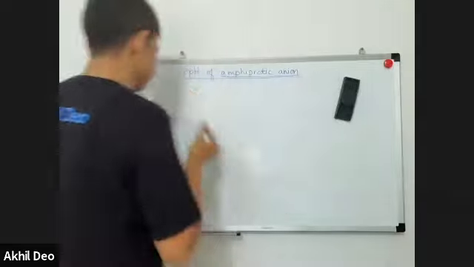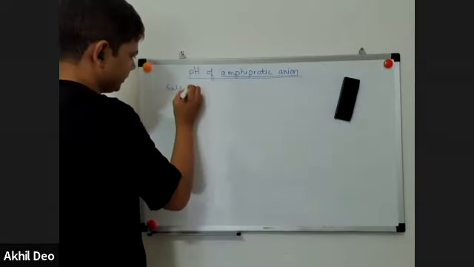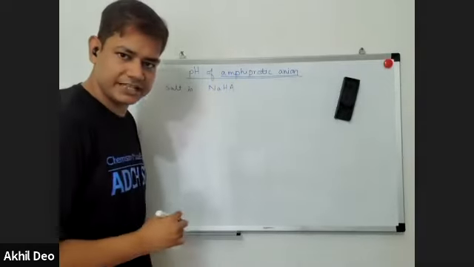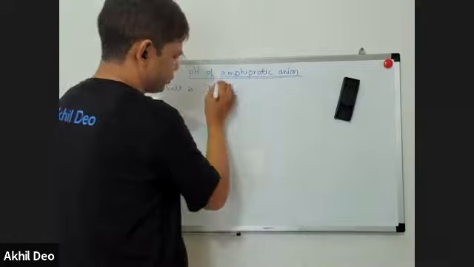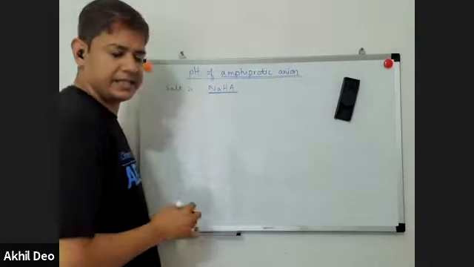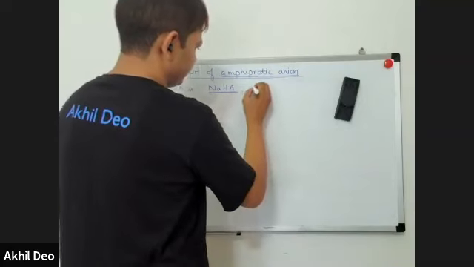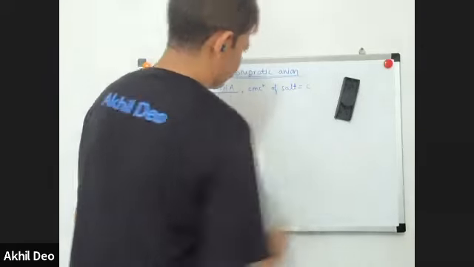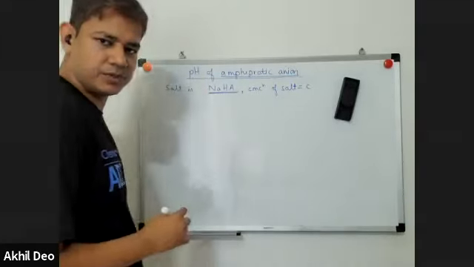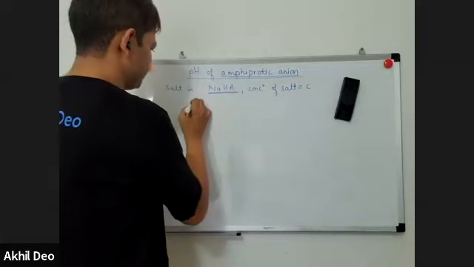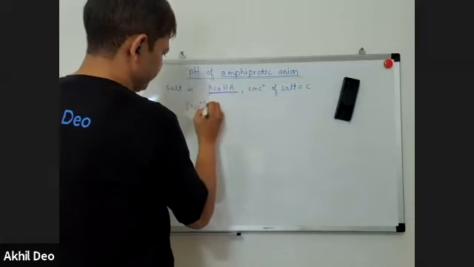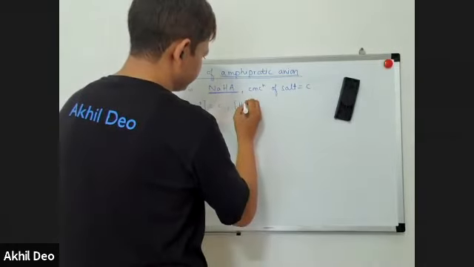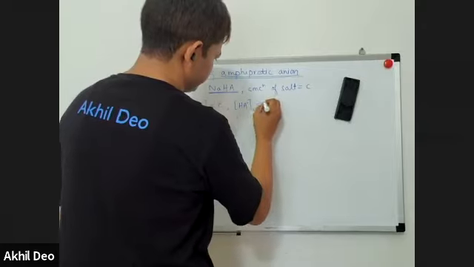Let us suppose that the salt is NaHA, containing cation of strong base, that is Na plus, and amphiprotic anion HA minus, and concentration of salt equal to C. We'll say that in the resulting solution, concentration of Na plus will be equal to C, and concentration of HA minus initially will be equal to C.